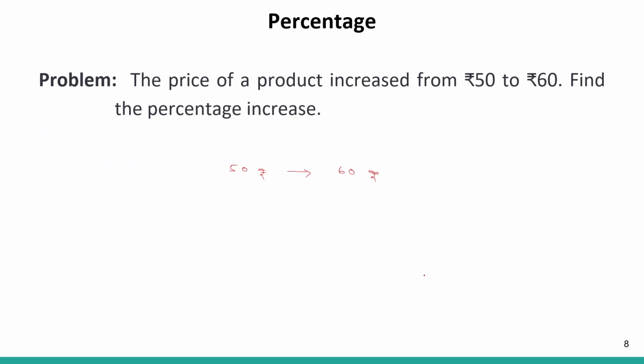Let's see if the problem was something like this. If the problem had asked that initially its price was 50 rupees, but after some time, it became 40 rupees. Find the percentage increase or decrease of this product. The first question in your mind must be how to know whether the percentage is an increase or decrease.